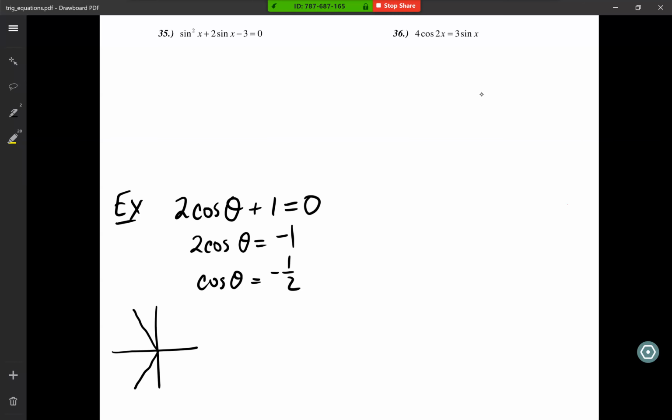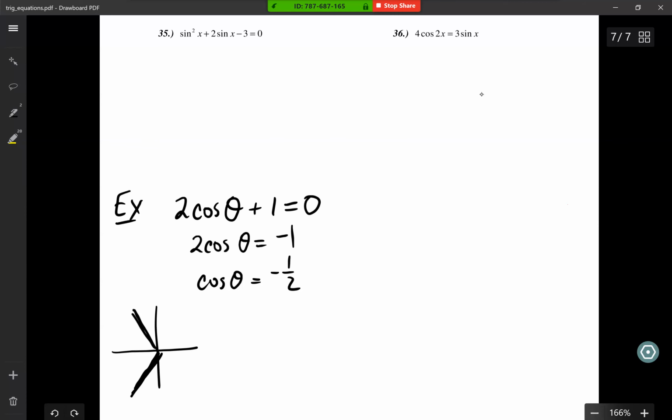Now again, if I ignore the negative, I'm just looking for a reference angle to start with. If I ignore the negative, what angle do you know has a cosine equal to a half? It's the 60, it's the pi over 3, right? So again, we're looking for those pi over 3 angles, but we're over here in quadrant 2 or quadrant 3, but it's a pi over 3 angle.